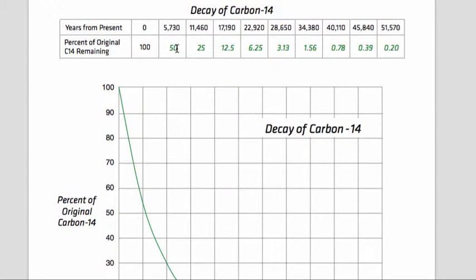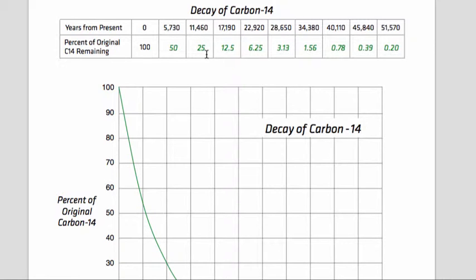Now you are starting with only 50 coins left over that have not decayed yet. So over the next 5,730 years, you flip that coin again. This time you're only flipping 50 coins, so over that half-life, you're only going to have half of that left.